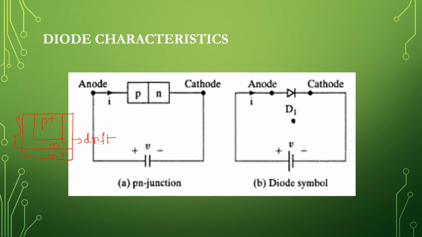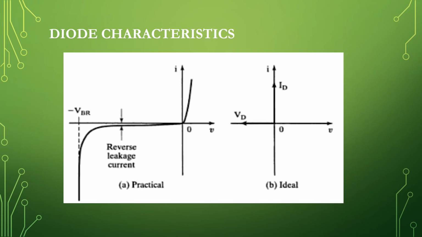So under reverse bias, what happens? A small leakage current flows, in the range of either microamps or milliamps, and the leakage current will gradually increase with the increase in reverse voltage. You can clearly observe here, when the diode is forward biased, the current increases and the diode is conducting.